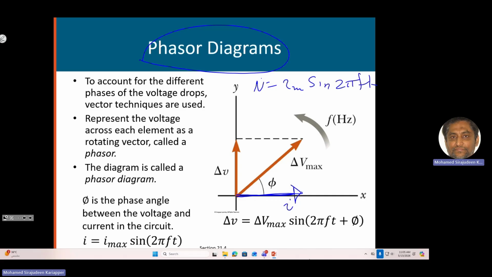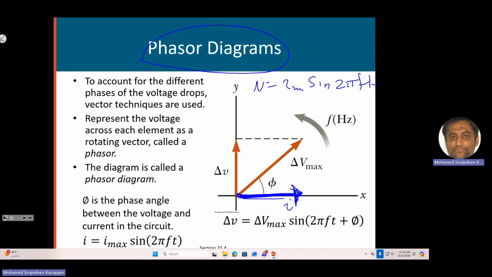We represent the maximum value by this arrow, and we call that a phasor. This rotating vector, as the time changes, is going to go around like that. At another time, it will come somewhere here and go around. So at t equal to 0, the phasor for the current is along the x-axis.